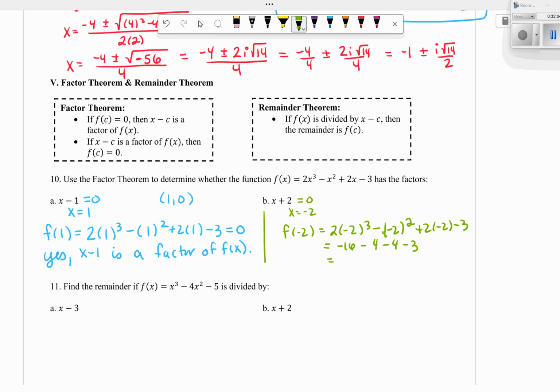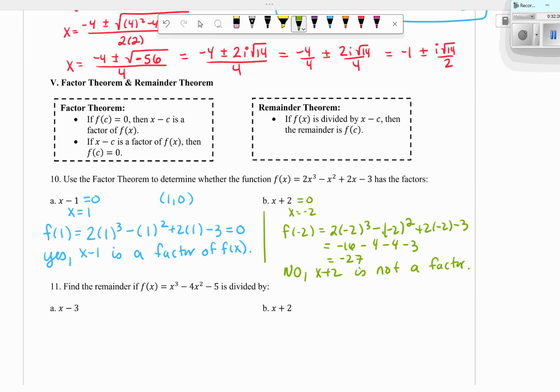This would give us -27. So no, x plus 2 is not a factor because our remainder is -27, which means it's not going to be an x-intercept of your graph.